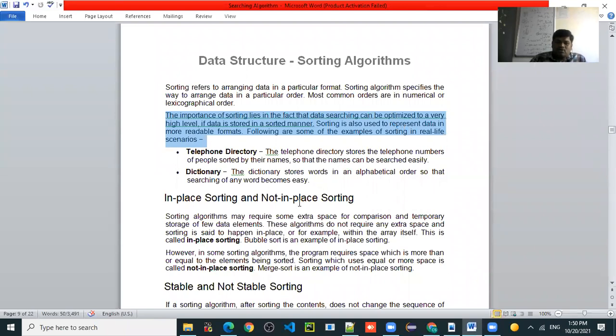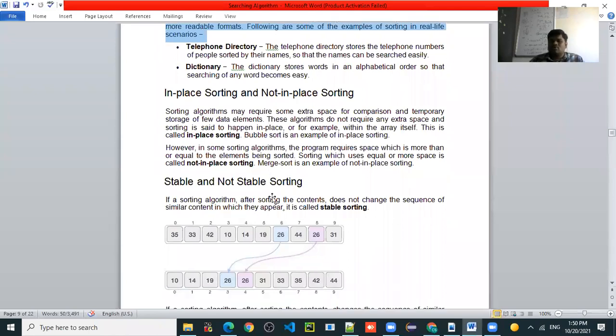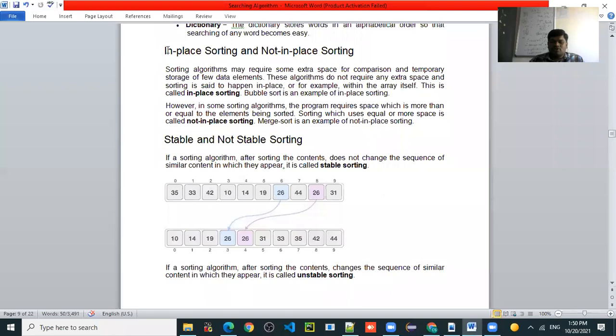Now here, the sorting algorithms are also categorized. Before going to bubble sort and insertion sort, the actual algorithms, let me clear some terminologies. What is meant by in-place sorting and what is meant by not in-place sorting? Can anyone tell about this? Now we'll talk about in-place sorting.